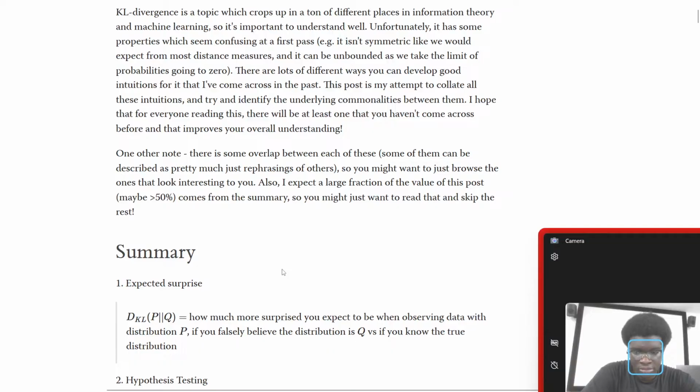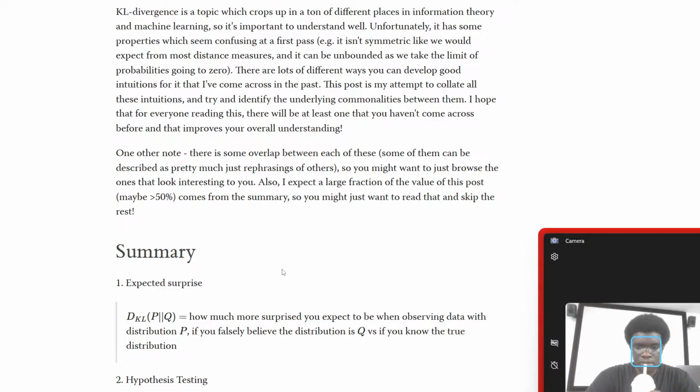The D_KL(P||Q), I'm not sure what this double bar is supposed to mean, since usually that's a single bar. I'll just interpret this to mean the KL divergence of P and Q.